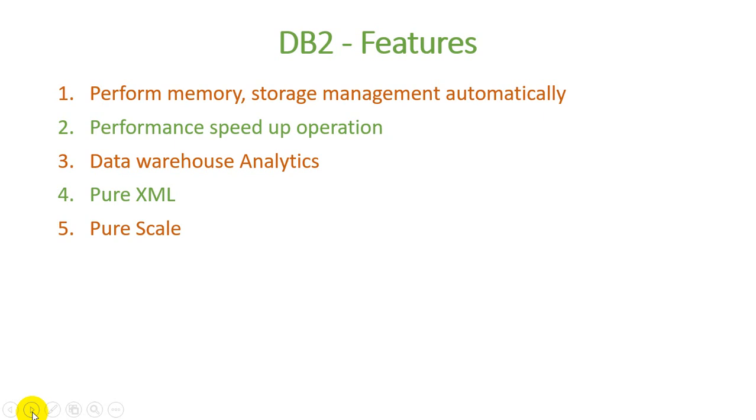If your organization has 10 users, they can provide as per the requirement. If you have more than thousands of employees, they provide DB2 for that kind of requirement. So it is purely scalable.